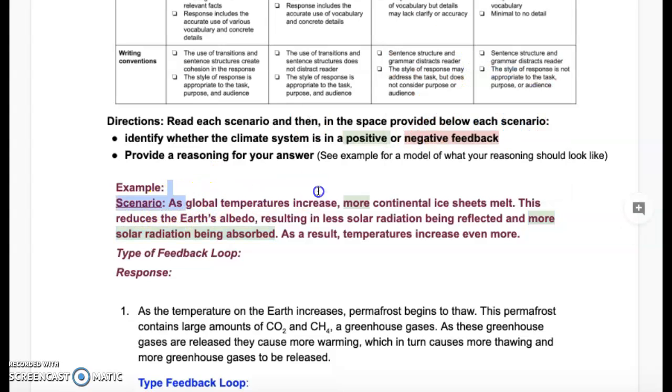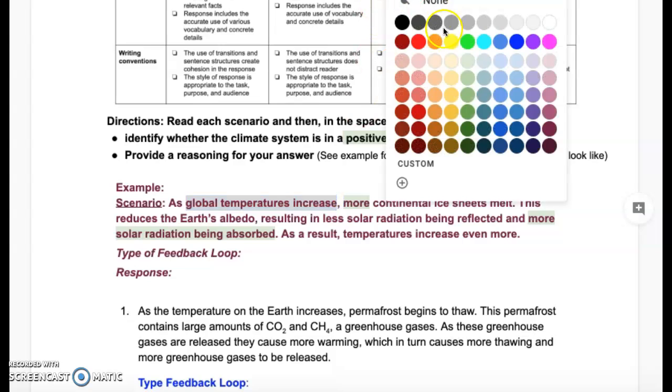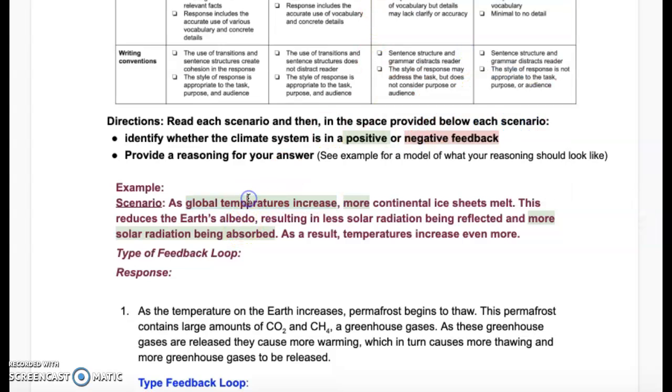So I see that in the first place, temperatures are increasing. So, first event, temperatures increase. Second, this causes ice sheets to melt.